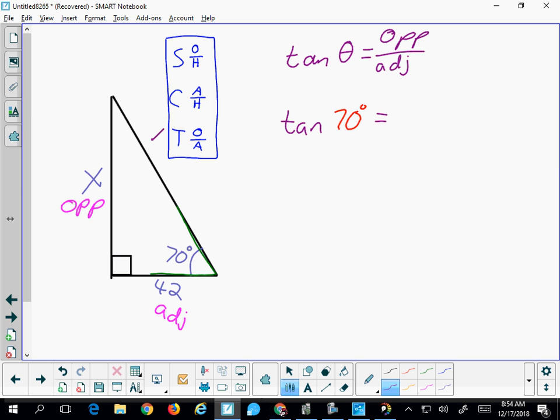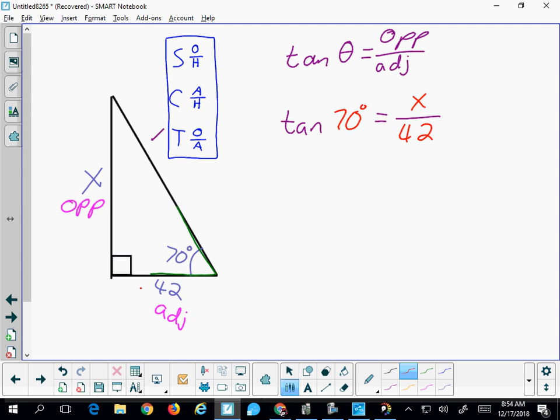And then our opposite side, what's our opposite side on this one? X. Then over. Now our adjacent side. So we have 42. Okay? Does that make sense?